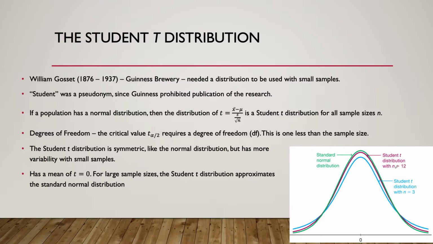For that matter, even with a sample size of 12, there was more variability in the tails than the standard normal, which again was green. But it still has a mean of t equal to 0, and the student t distribution approximates the standard normal distribution for large sample sizes. So notice how close 12 gets. As we have higher sample sizes, this will become more and more approximately normal.